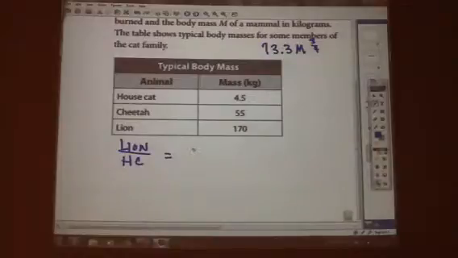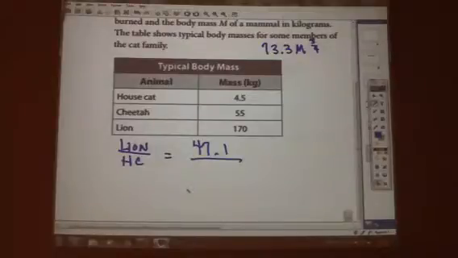47. Yes? What? If I put 170 right here for the mass, for the lion, 73.3 times 170 to the 3/4 power. 47 point something? 0.1.